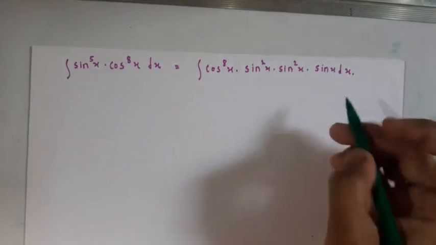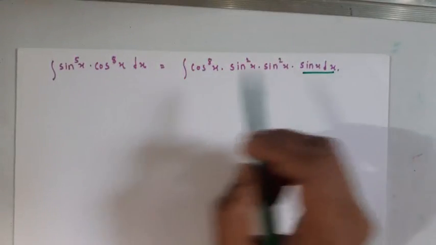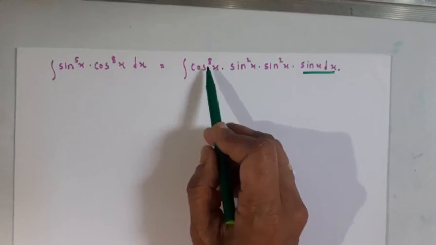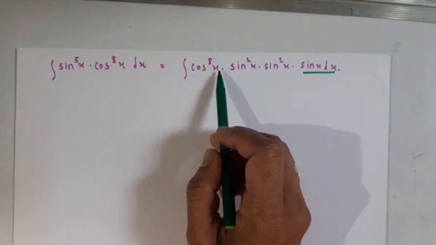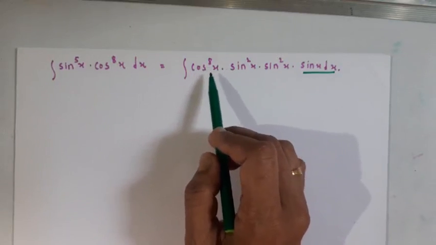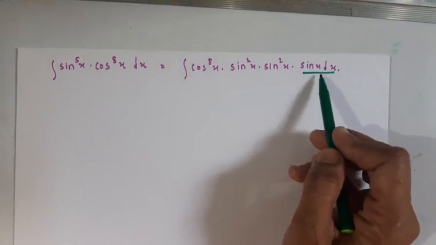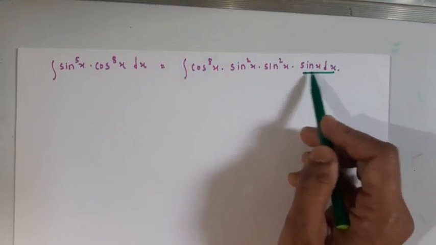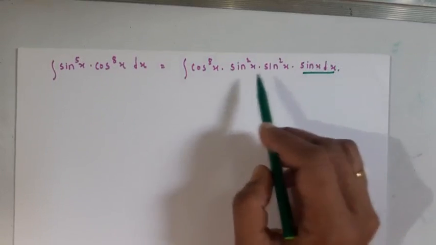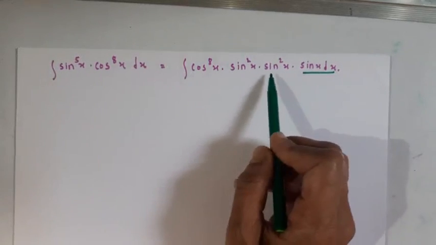Okay students, why have we adjusted like this? Because if we substitute for cos x, then we know that the differentiation of cos x is minus sin x, and sin x dx equal to dt, then the adjustment will be successful. According to that, we have adjusted sin raised to 5x in this way.